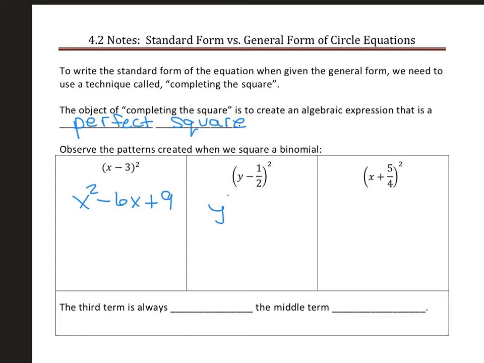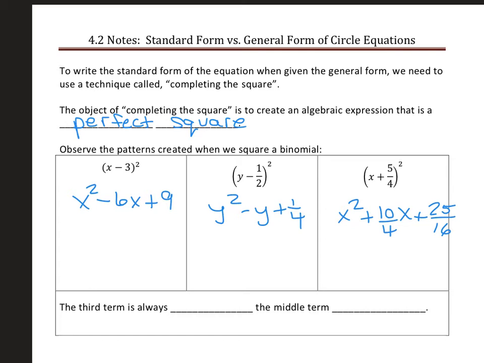We've got y squared minus 1/2 y minus another 1/2 y is going to be negative 1y. And then negative 1/2 times negative 1/2 is positive 1/4. And x squared plus 5/4 x plus another 5/4 x is 10/4 x. And 5/4 squared is 25/16.